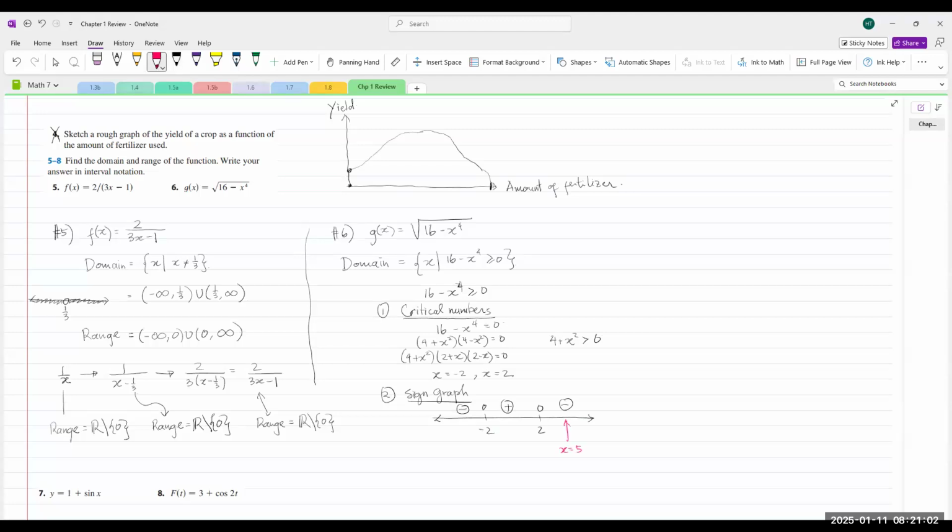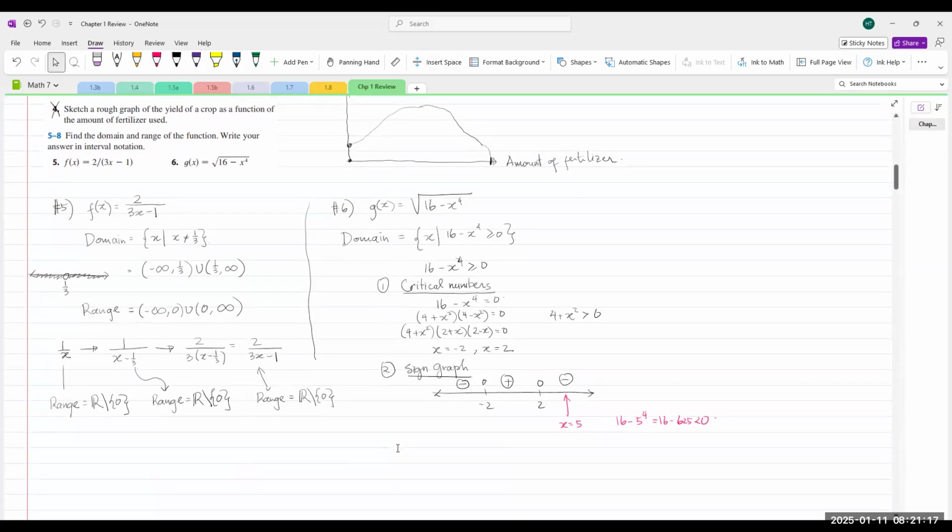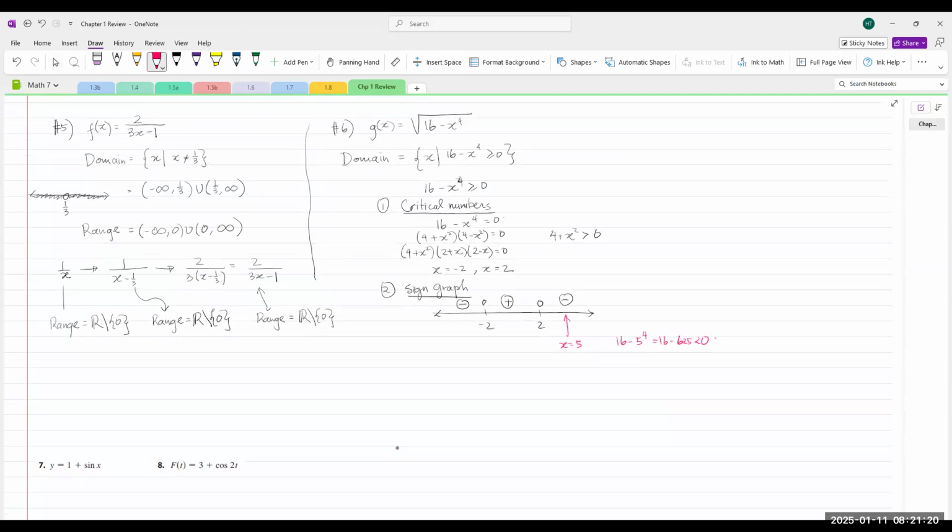When x equals 5, 16 minus 5 to the 4th, is it positive or negative? That's 16 minus 625, that's negative, right? Then from there we go on further. We need 16 minus x to the 4th to be non-negative, right? So the domain is the interval where we get 0 or positive.